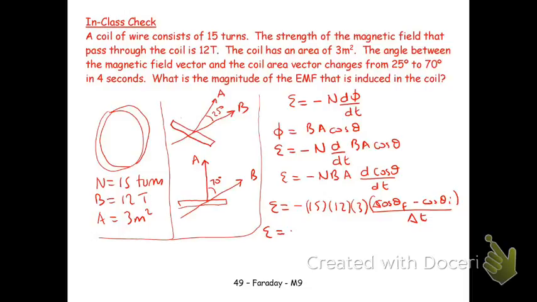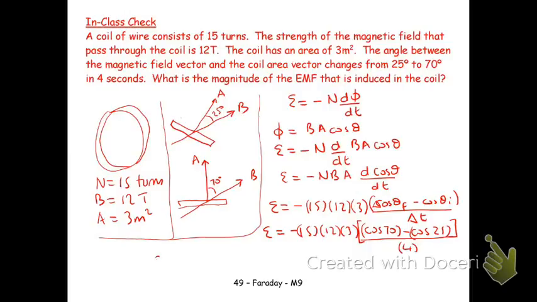So my EMF equals minus 15, 12, 3, cos 70 minus cos 25 over four seconds.